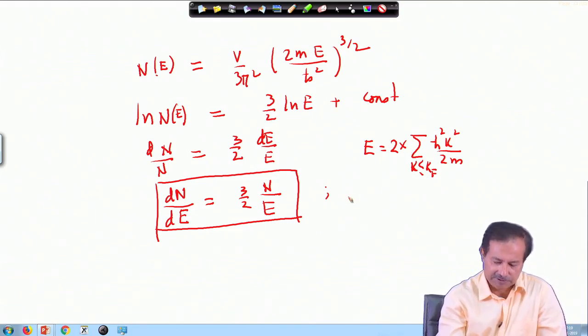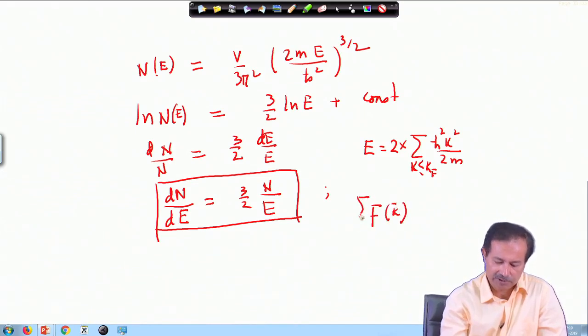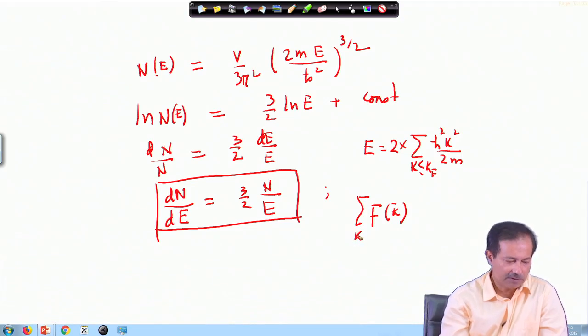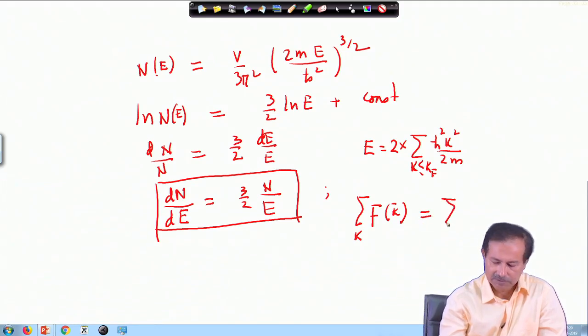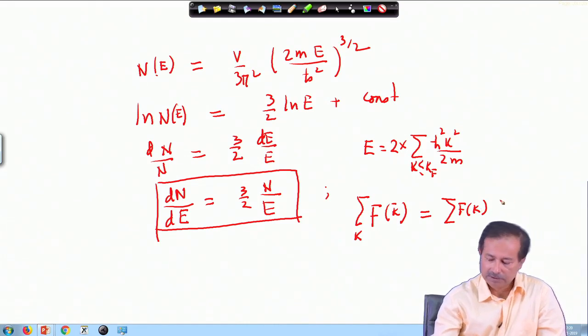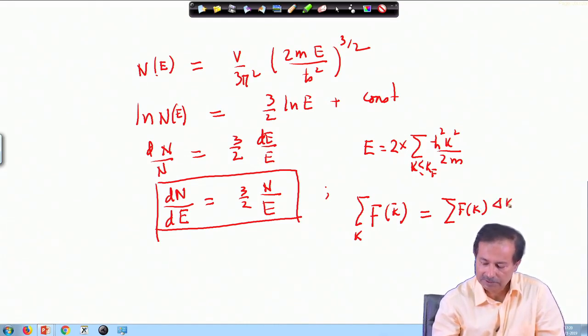So, let us take any function of k, f(k), and we want a summation. This is basically the same as f(k) into delta k, if delta k is a volume in k space.